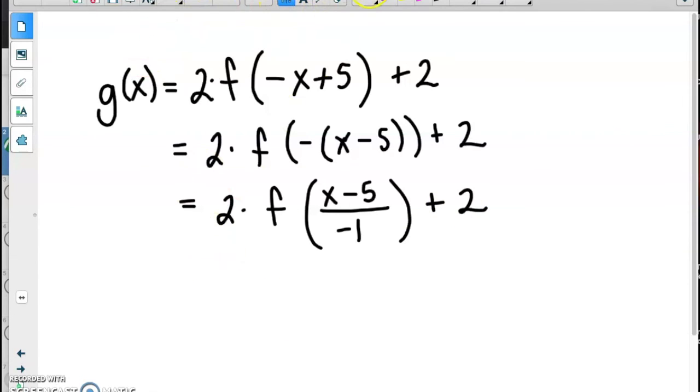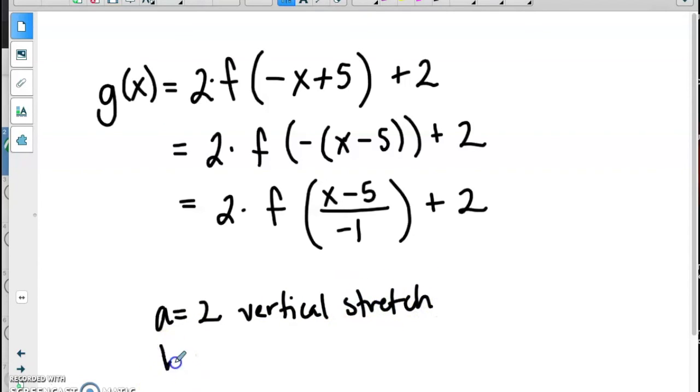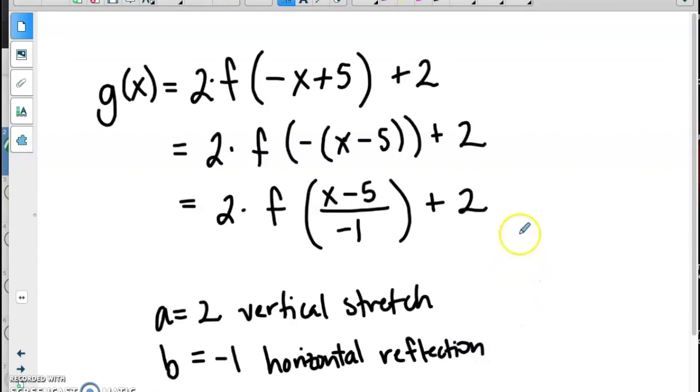Now, a is 2. Because a is 2, that means we will see a vertical stretch. b is -1. And because it's negative, we will see a horizontal flip or reflection. h is +5.